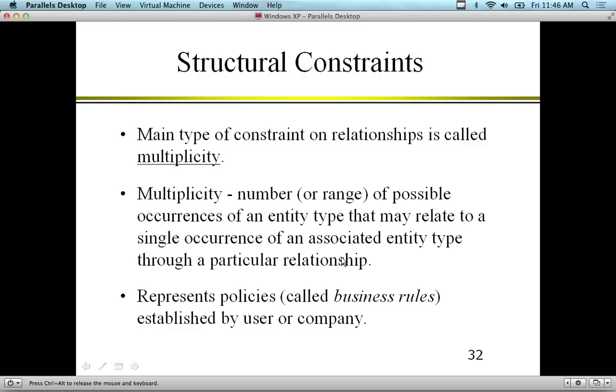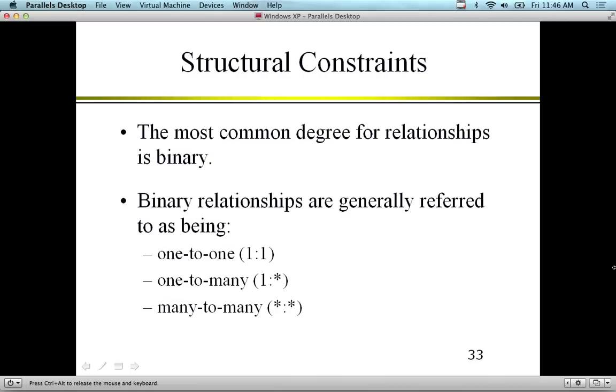So the multiplicity is giving us our business rules. They represent the policies established by the company and the rules that are associated with it. So as an example of participation and multiplicity, each class has a maximum enrollment, which is a business rule that says some people who wanted to take this class can't take it because we've met the participation requirement, which means we had X amount of students as designated by the business rule.